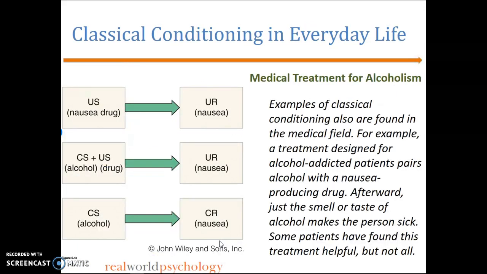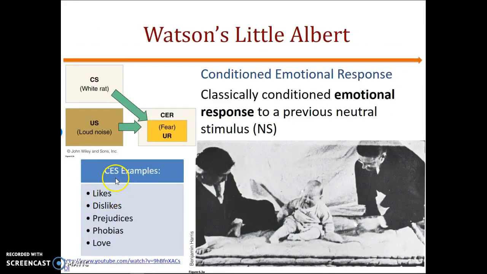Good. Okay. Now that you've watched, you will see that it's easier for humans to form association between something that earlier did not cause any fear response. Watson was able to form that response in little Albert by creating that fear as he paired it with a loud noise.